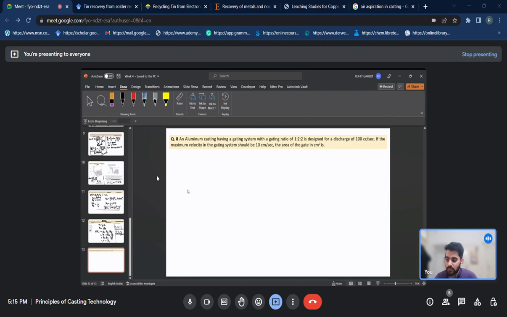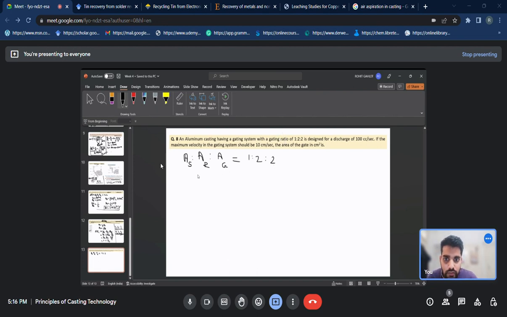This is again a simple problem, so I would like you to please see whether it can be solved. An aluminum casting having a gating system with a gating ratio, the ratio of the area of the sprue to the area of the runner to the area of the gate, is given as 1 is to 2 is to 2.